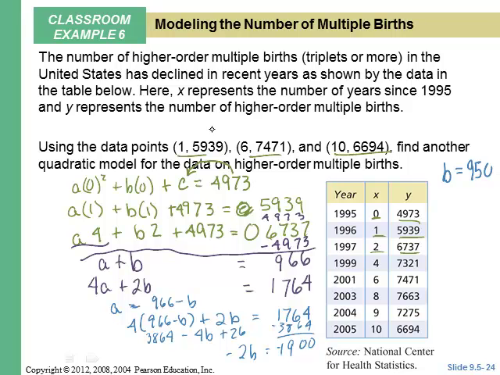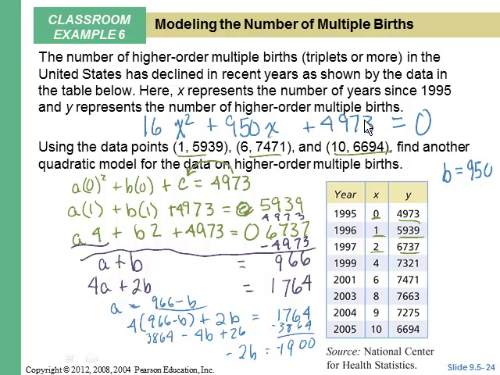So we've got our equation so far. We know C is 4973 and B is 950. And so we need to know what A is. A is 966 minus B. 966 minus 950 is 16. So 16x squared. So here's our quadratic equation.